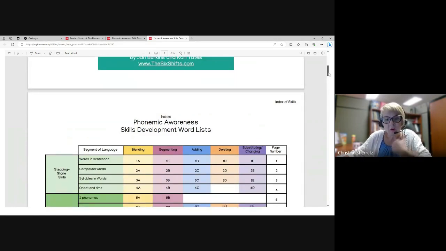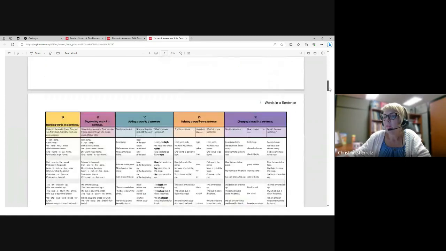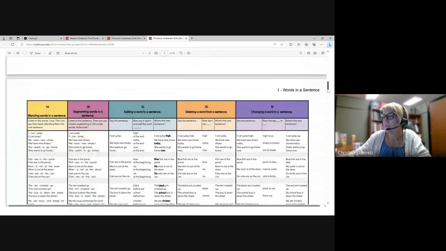The Elkonin boxes that I was telling you about, this gives you a lot of different words and sentences that you can use. You could even use this for a sentence for your preschoolers or kids that do not know sentences. For example, it gives the sentence I can jump.